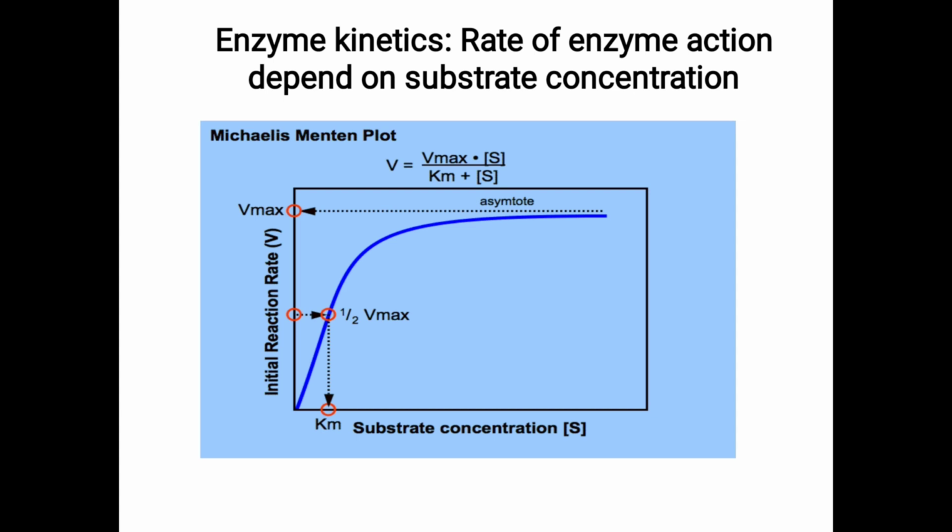Increase in substrate concentration increases the velocity of reaction initially. You can see there half Vmax and Km. Up to a certain concentration, as substrate concentration increases, velocity also increases. After that, the curve flattens. Why? Because there are no more free enzymes to react, since enzyme concentration is constant.